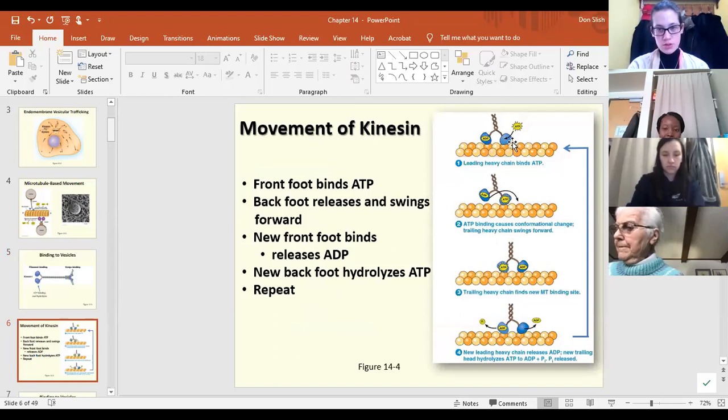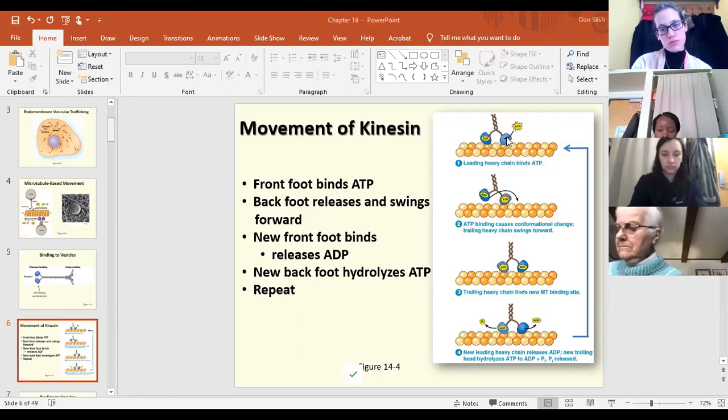So here is the sequence of events that needs to occur. This is a cycle, so you can start anywhere in the structure. Let's start here, since this is what they decided to do. At this stage, before this ATP comes in, you've got a rear leg with ADP attached to it and a front leg with nothing attached to it.